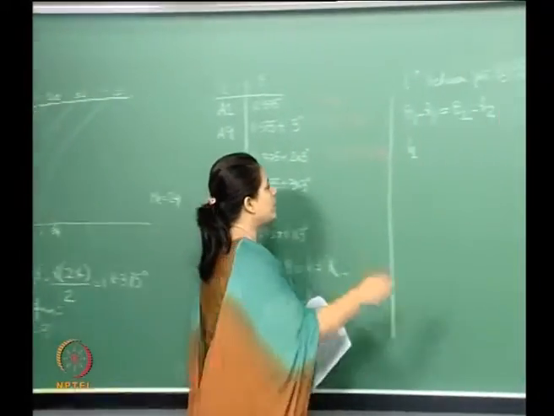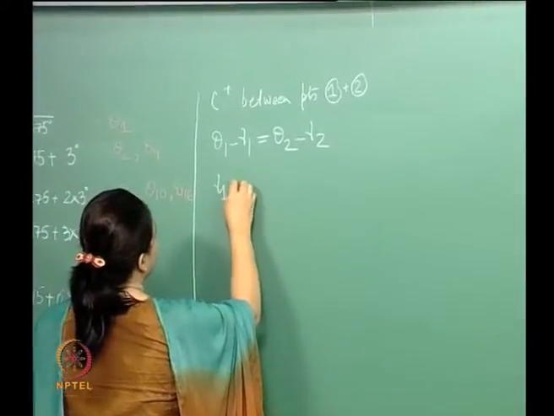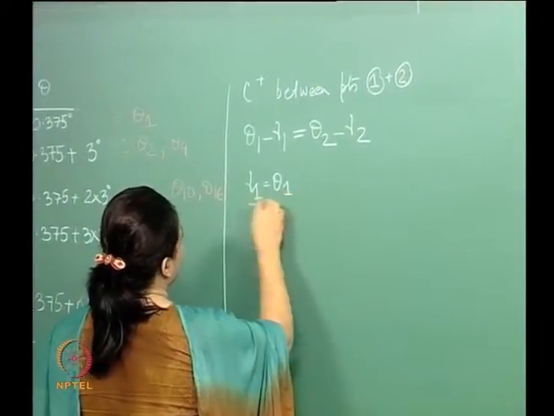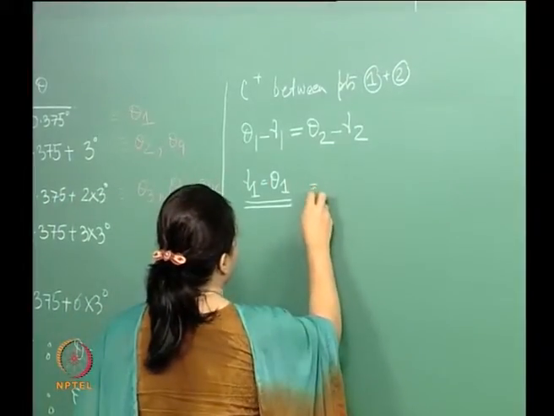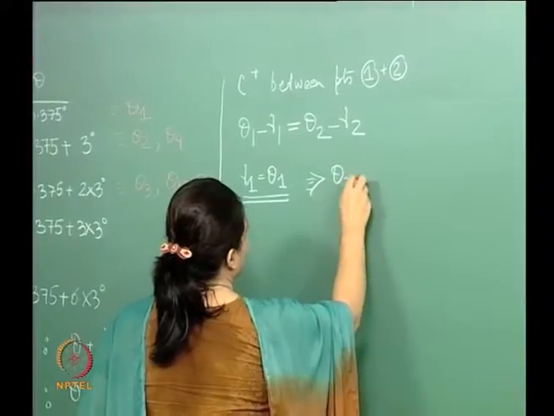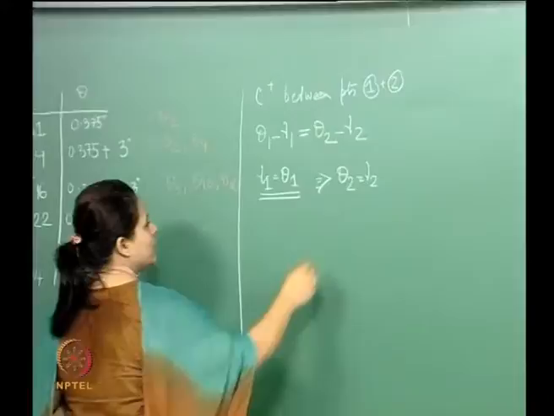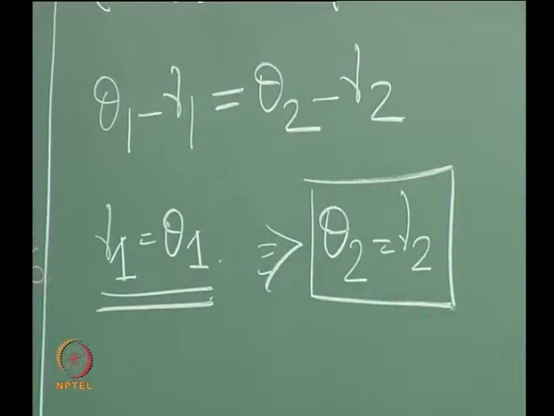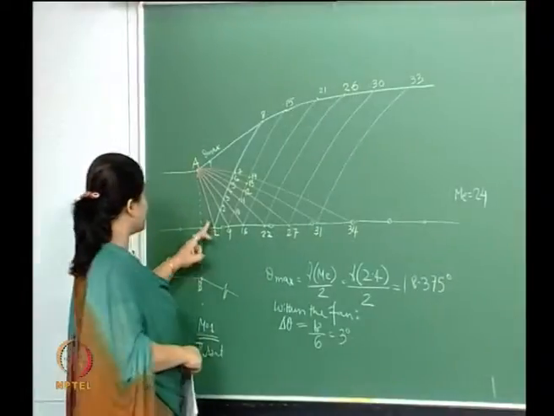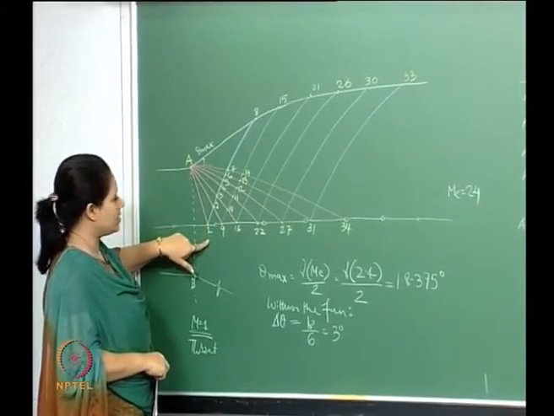So mu 1 is equal to theta 1, which means that this is 0, which means that theta 2 is equal to mu 2 on this characteristic line. So theta 2 is equal to mu 2, theta 1 is equal to mu 1.